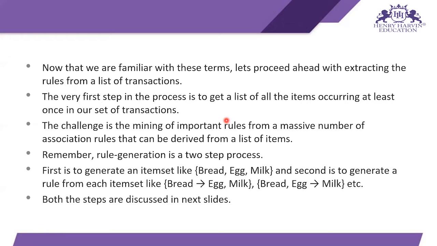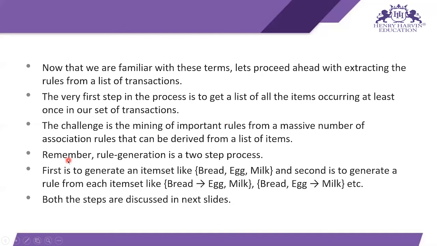We have to figure out the list of items that occur at least once in the transactions bought by customers, make n number of rules, and from those figure out the important rules and neglect those which are not appropriate.